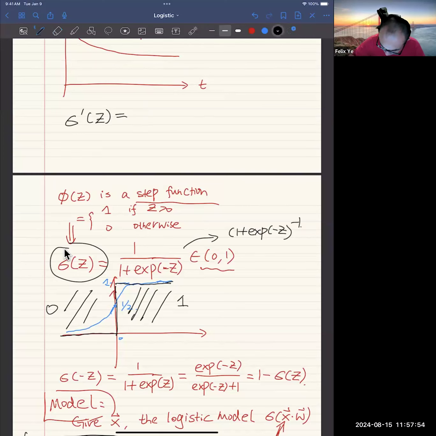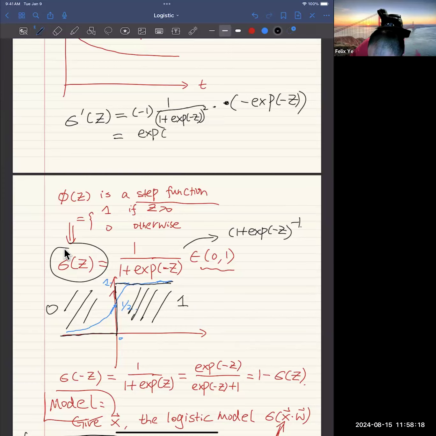So if we take the derivative, this becomes minus 1 times 1 over (1 plus exponential of minus z) squared, times minus exponential of minus z. So the minus sign becomes a plus sign. This is exponential of minus z divided by (1 plus exponential of minus z) squared.